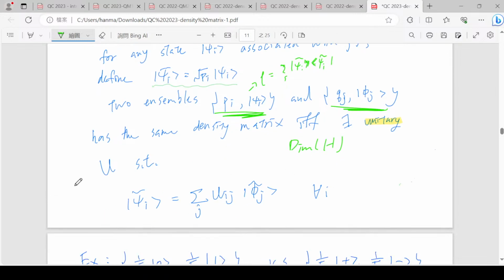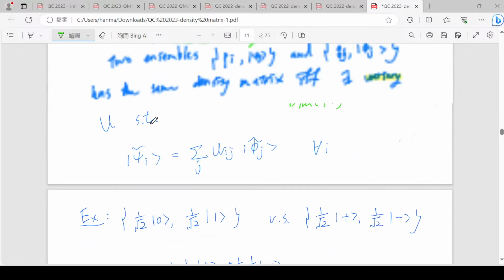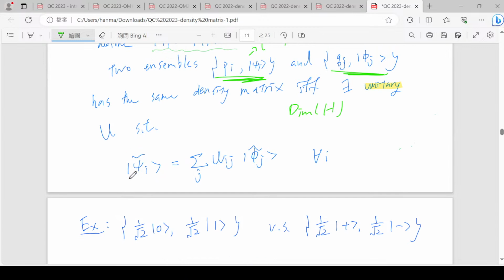That's very annoying because you get a lot of useless singular dimensions. When you write this u_ij, you basically need to pad a lot of zero vectors to make the u_ij matrix make sense, because a unitary matrix is a square matrix, but the number here is different from the number there, so you need to pad with zero vectors, etc.